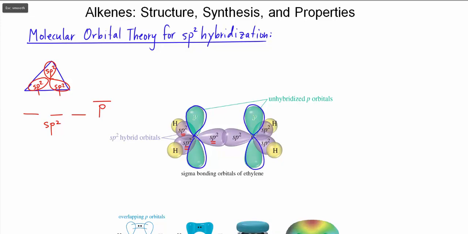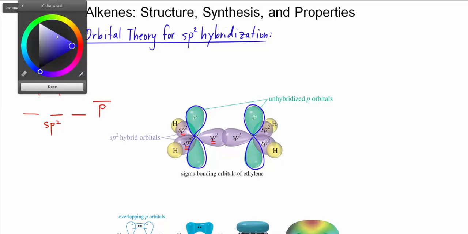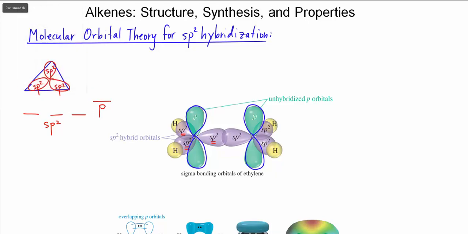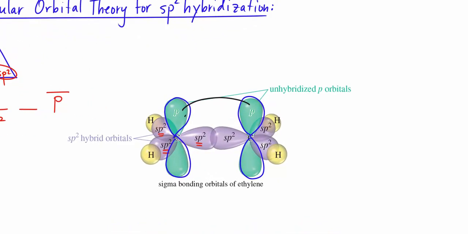Okay, from chapter 1, we also recall that the electrons in these 2p orbitals, the overlap of these 2p orbitals, that formed our pi bond.